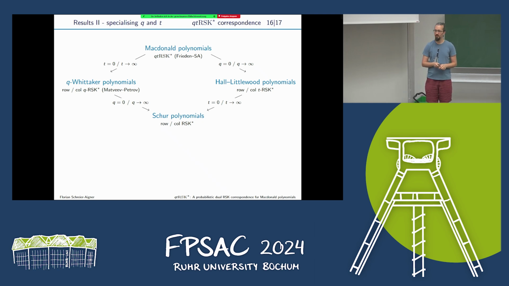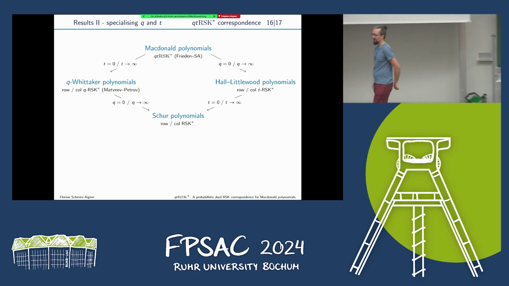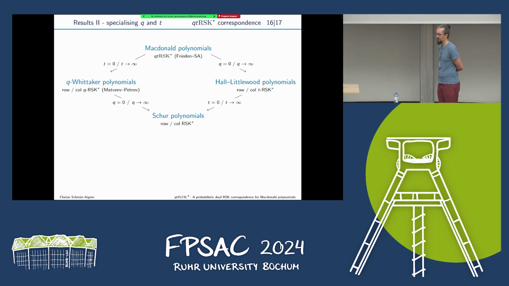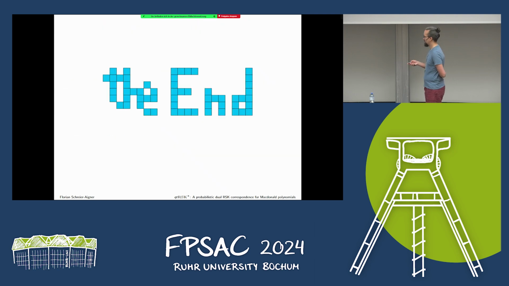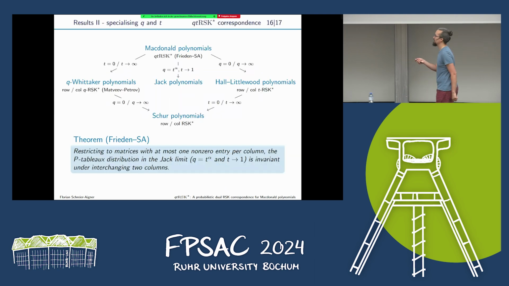One more question. How does your bijection differ from RSK at Q equals T? At least from the example, it seems like they're different a priori. As you can see in this diagram, if you do the simple version, T0 and Q0, you get dual row insertion, or T infinity, Q infinity, you get column insertion.